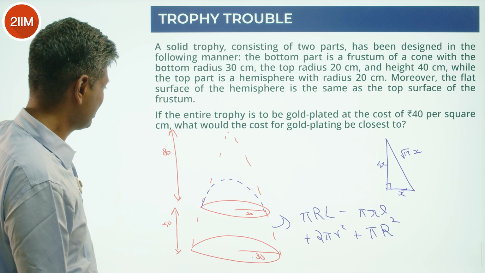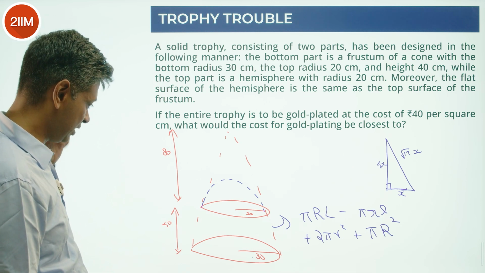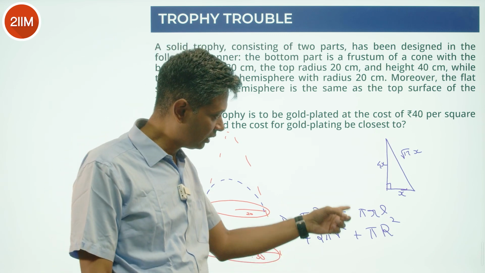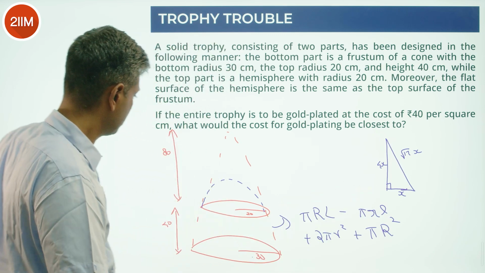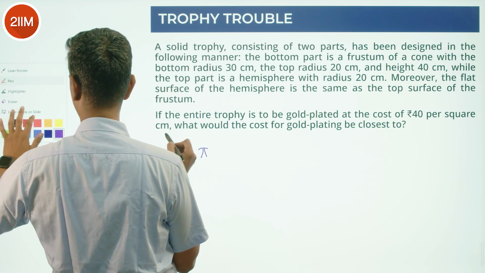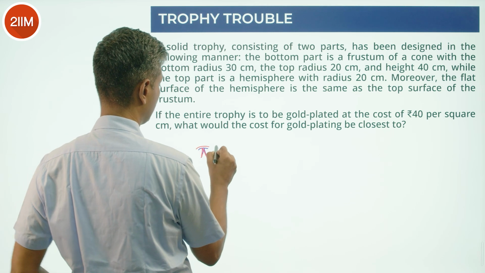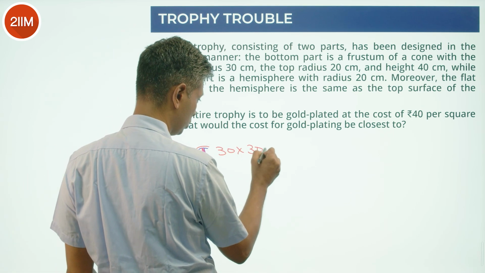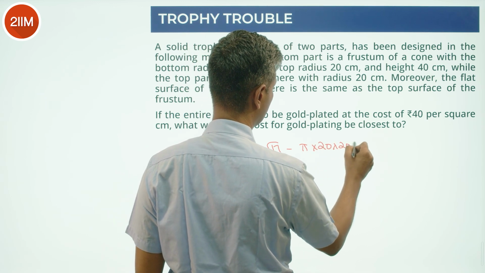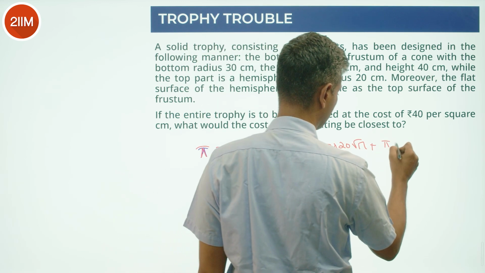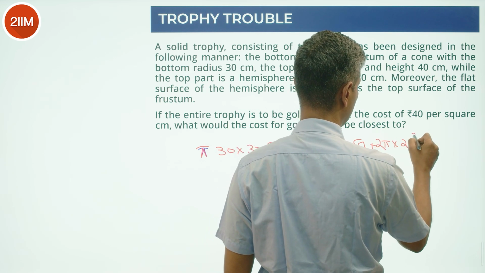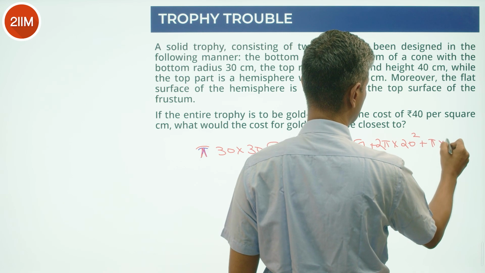Brilliant. So I've got this 30 root 17, 30 into 30 root 17, 20 into 20 root 17. Okay, so if we do this, pi into 30 root 17 minus pi into 20 root 17 plus 2 pi into 20 square plus pi into 30 square.